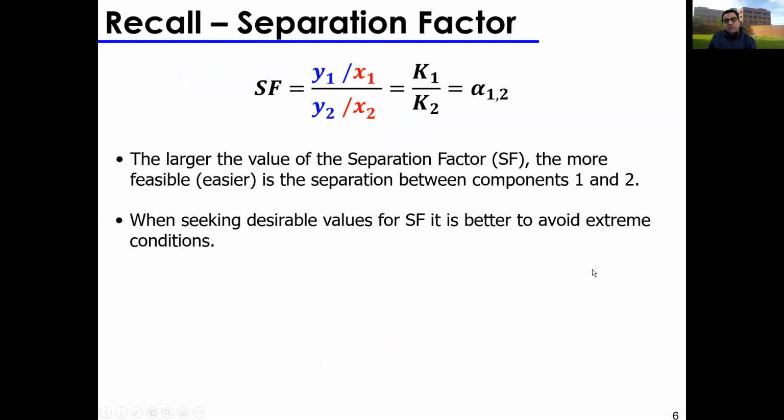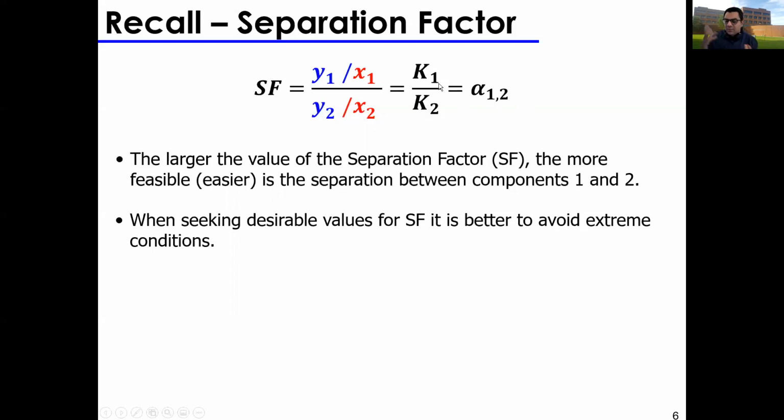Okay, so two things you need to be aware of. The larger the value of the separation factor, the more feasible the separation is between components 1 and 2. So the larger the alpha is, the easier it is to separate these two components. It's also important to remember that K1 and K2 are temperature dependent, pressure dependent parameters, right?